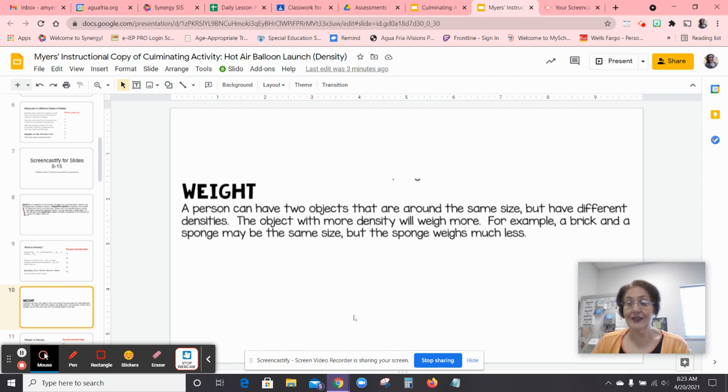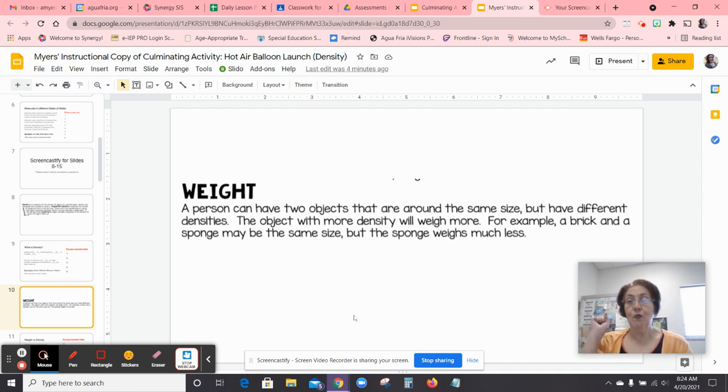All right, the next slide is going to be weight. Let's talk about weight. We don't like talking about weight, like getting on scales and stuff. That's kind of scary. We don't like that. You can have 2 objects that are around the same size, like 2 people, but have different densities. So you might have 2 things that have the same size but different densities.